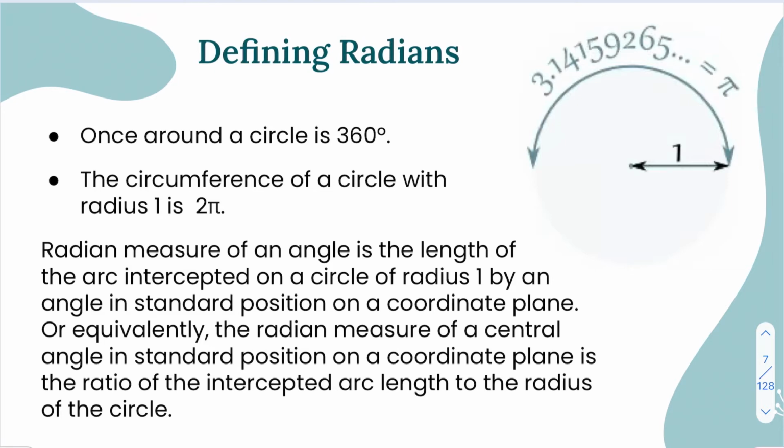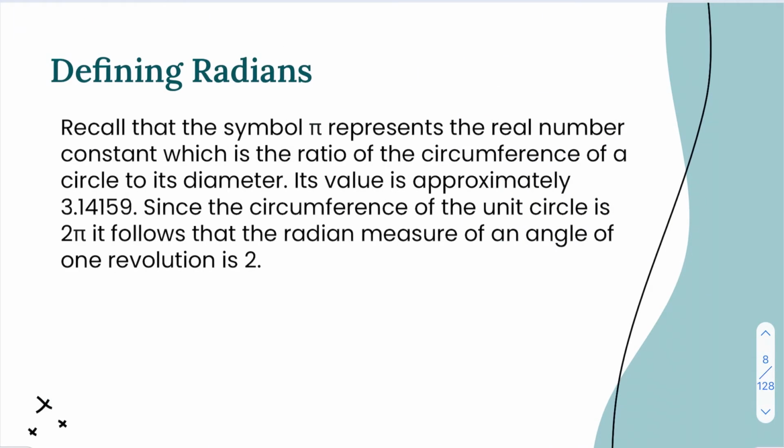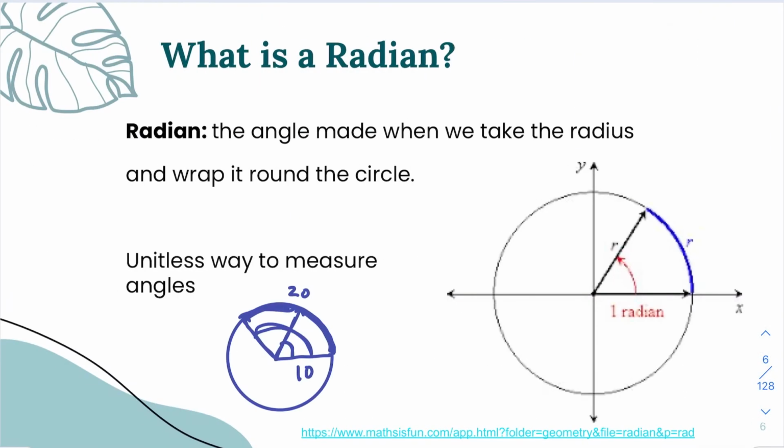So really what a radian is, is the ratio of the arc length to the radius. So if we go back to this example here, if I instead went 15 around the arc, that'd be 15, right?